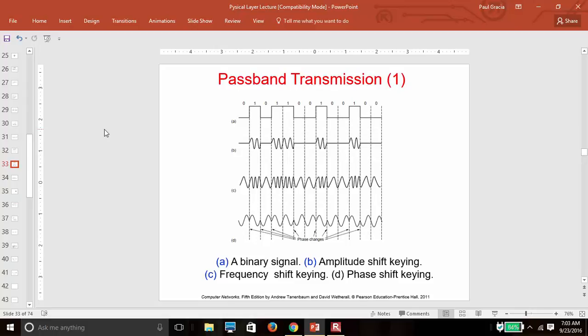So here's our basic look at passband transmission. We have a very simple diagram. We start off with a digital signal, which is a 0 followed by a 1, followed by a 0, followed by two ones, etc. And we're going to take our carrier signal and make changes to that signal based on whether we have a 0 or a 1.